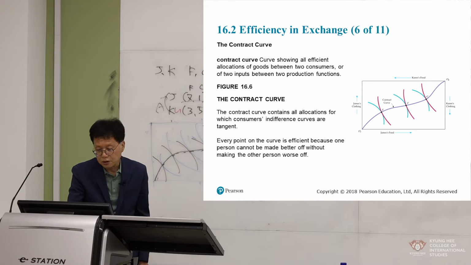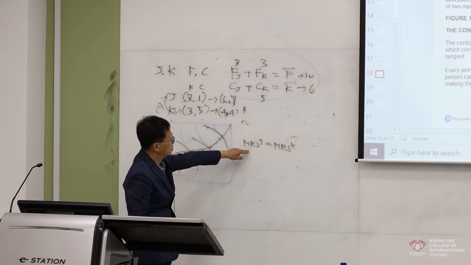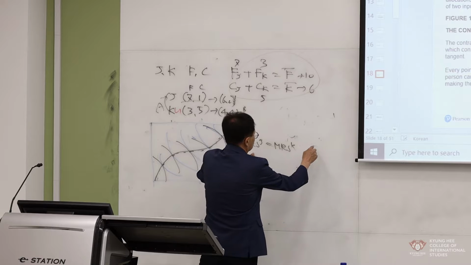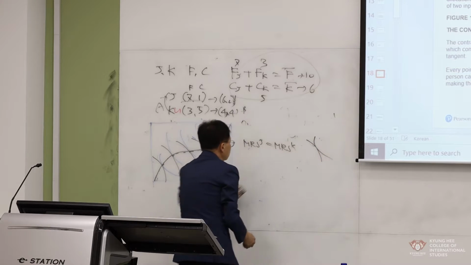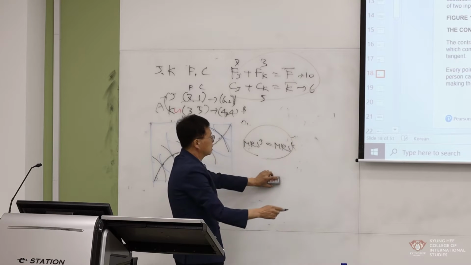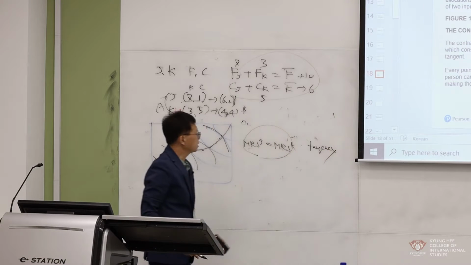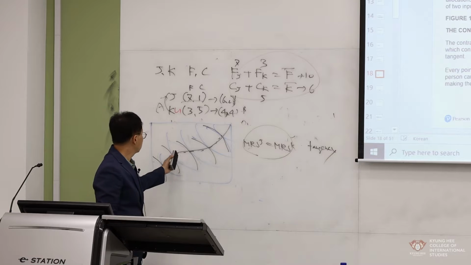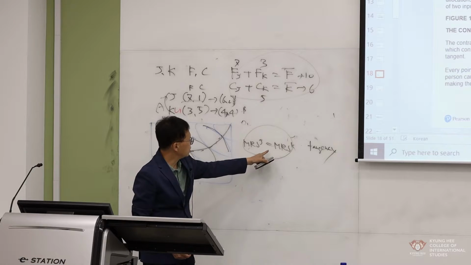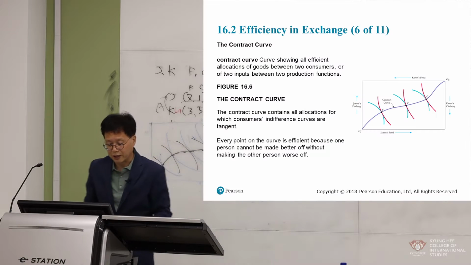The contract curve contains all allocations for which consumers' indifference curves are tangent. This condition says the two indifference curves are tangent. Graphically it is tangency; mathematically it is the same thing.